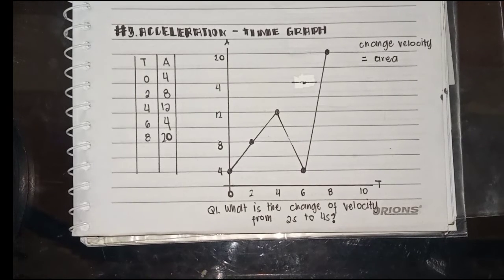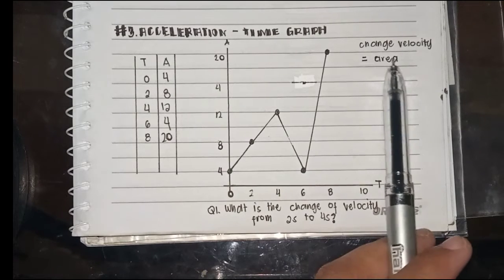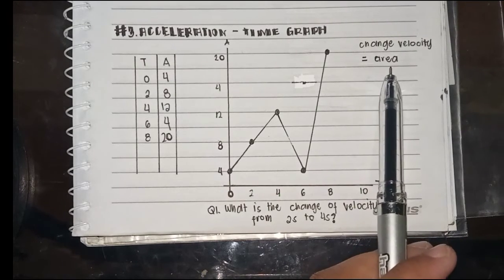Let's answer the question. What is the change of velocity from 2 seconds to 4 seconds? Change of velocity is equal to area.